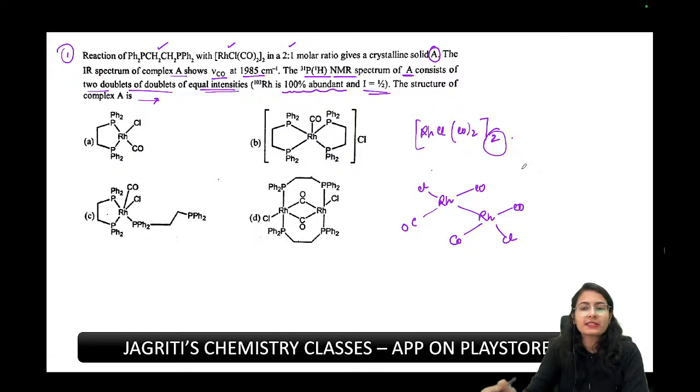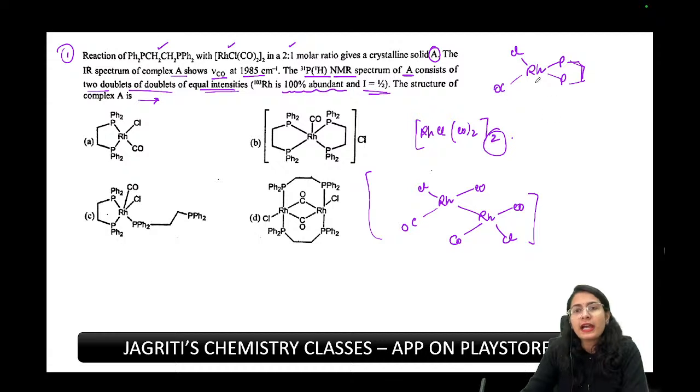If roughly it is like this, then what happens? Bisphosphine is reacting in a 2:1 ratio. That is 1:1 metal complex and 2 of the bisphosphine. फिर क्या मिलेगा हमें? In this way, the bisphosphine has connected and you are going to have one Cl and one carbonyl, and let's say this bond has broken over here, तो एक और carbonyl लगा देते हैं.